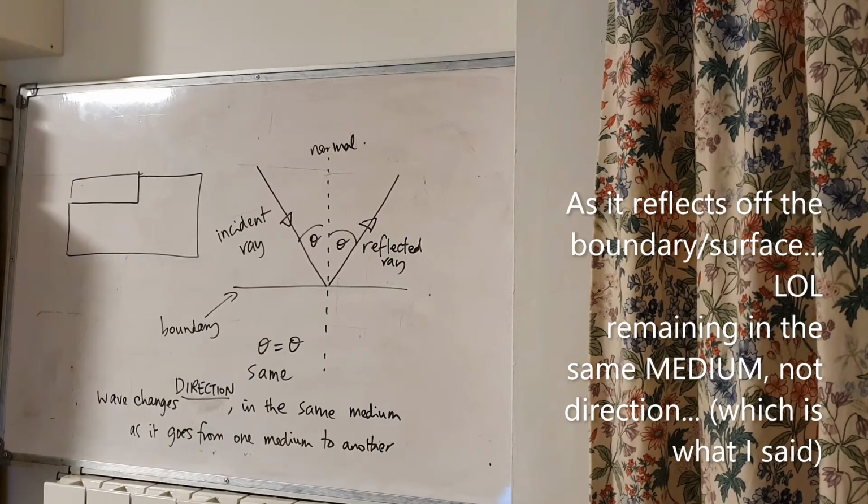Alright, so reflection is when the wave changes direction at the boundary between two different media, remaining in the same medium. So it changes direction at a boundary.